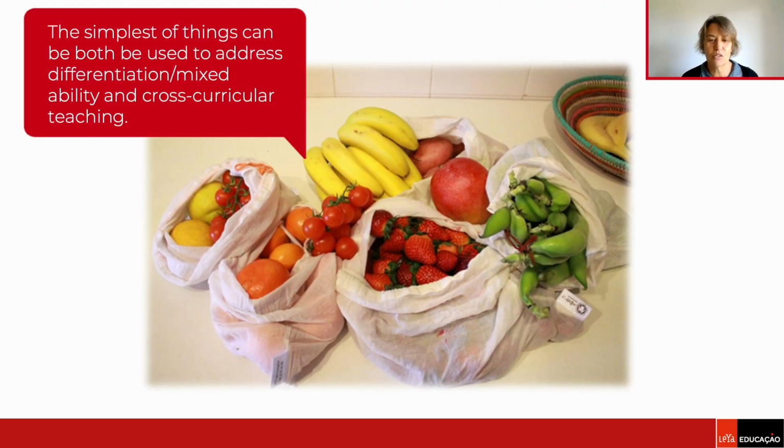And I've chosen to use just a very simple image for this. I'm going to use this image throughout the rest of the webinar. Let's try and exploit it as much as possible, just for simplicity's sake. So something as simple as an image can be used to address both differentiation and mixed ability, and also focus on cross-curricular teaching.